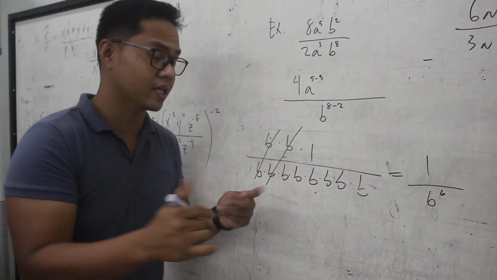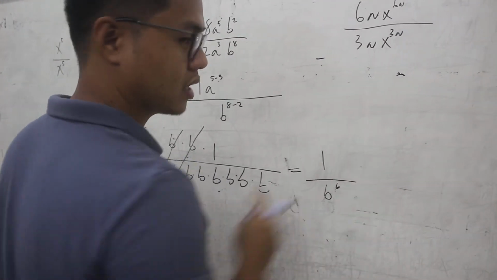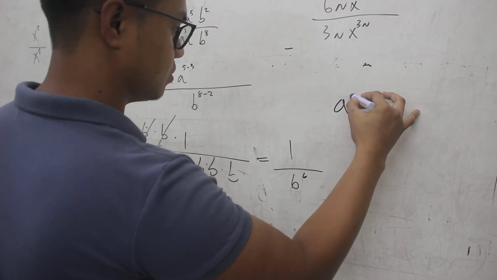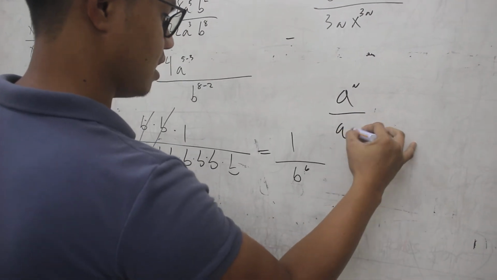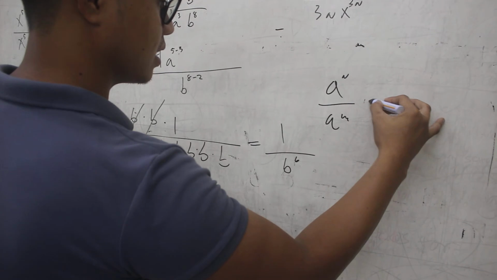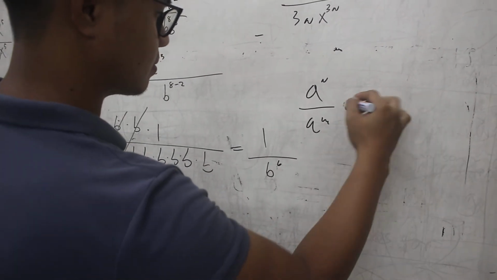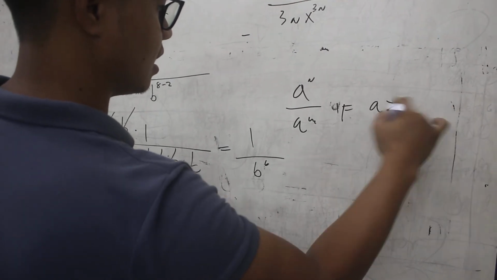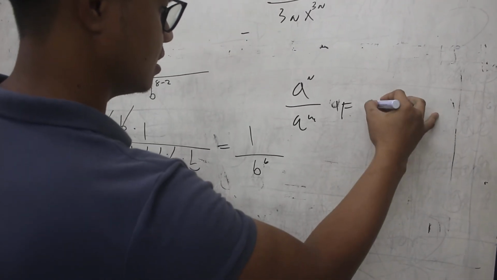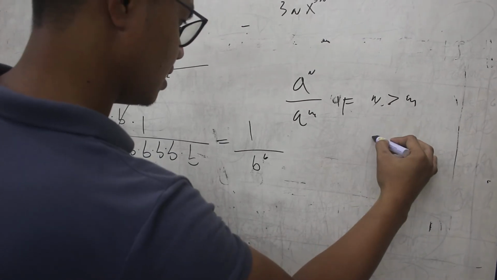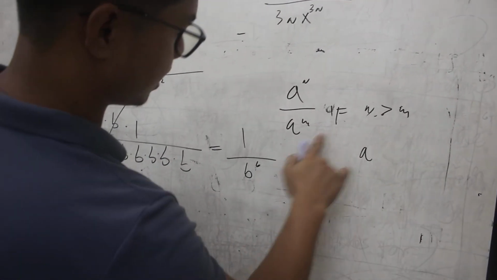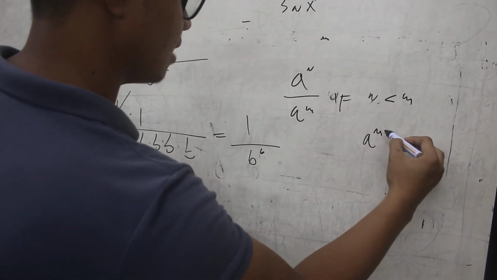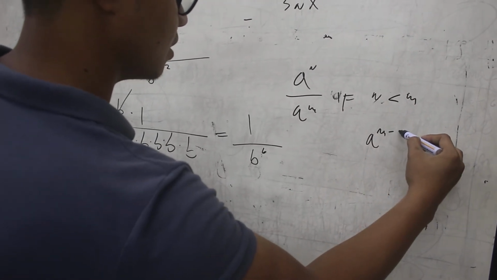Based sa theorem kanina, a raised to n over a raised to m, kapag m is greater than n, then m minus n.